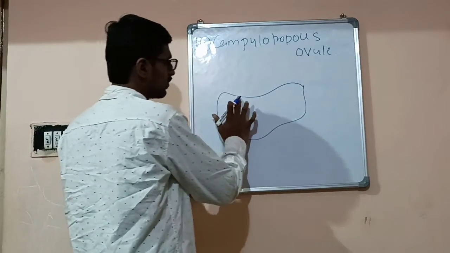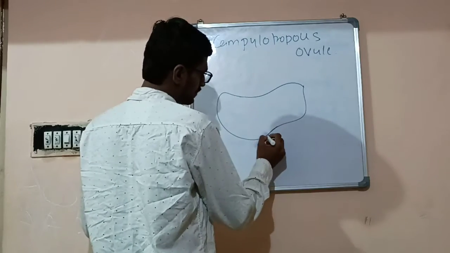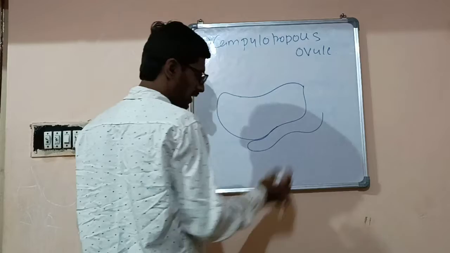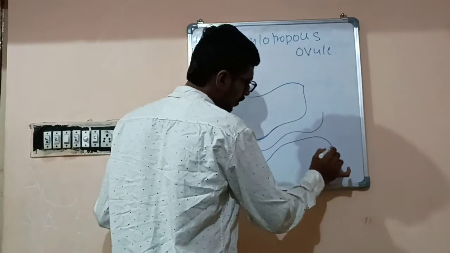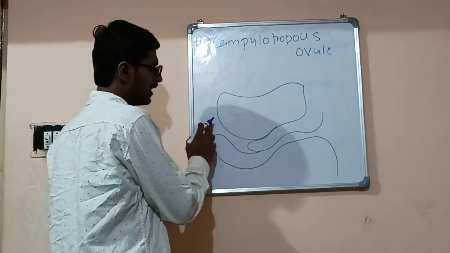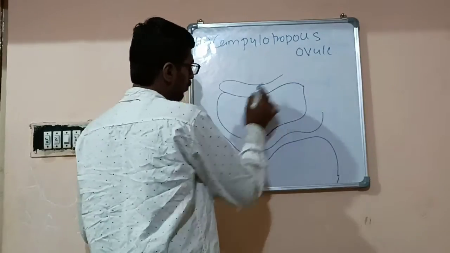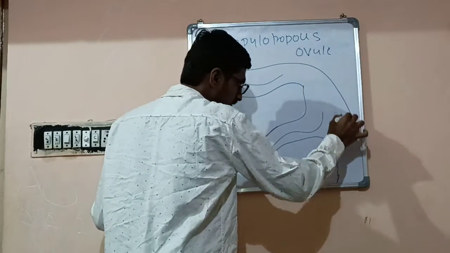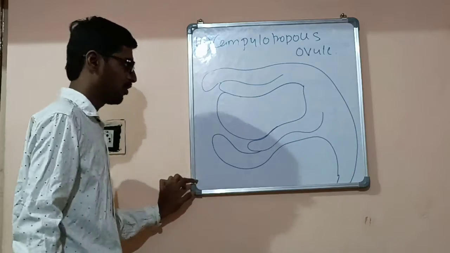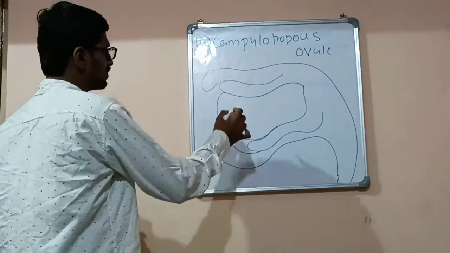This is called the nucellus, this is the inner integument, and this is the outer integument, which forms the micropyle as well as the funicle. There is also another protective layer, the outer integument, in the campylotropous ovule.